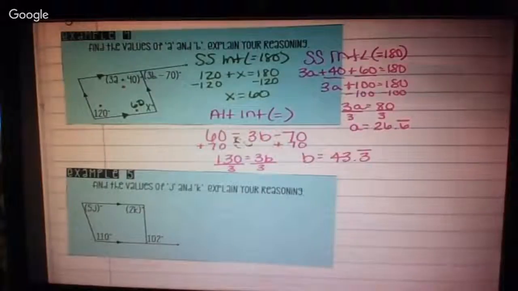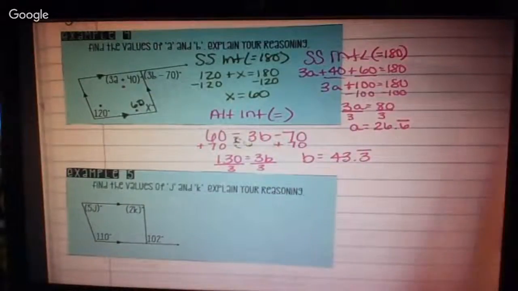You could have done, because this makes a line, you could have plugged in A and then set these two added together equal to 180. You could have done a linear pair as well. Like I said, there are multiple ways to do these. It's just going to be what you remember versus what you don't. So if you're better off recognizing a linear pair, you could have done that.